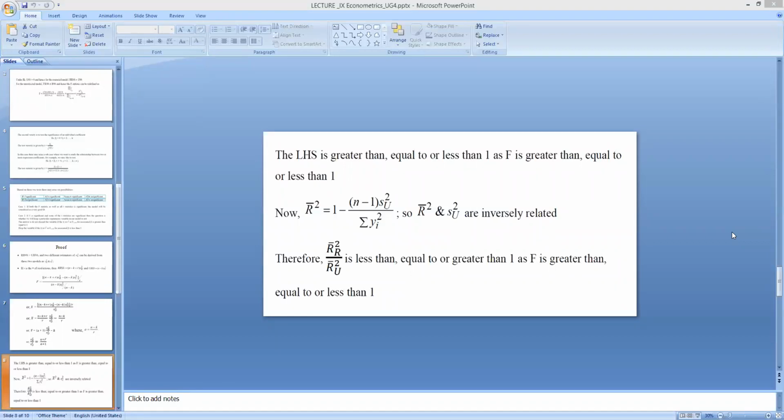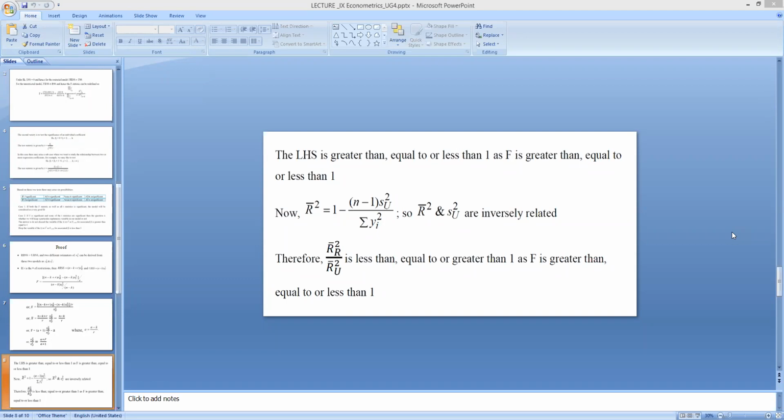The formula for A square is RSS by degrees of freedom. Are you understanding my proposition?